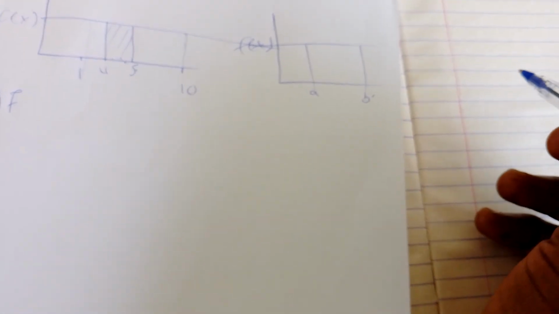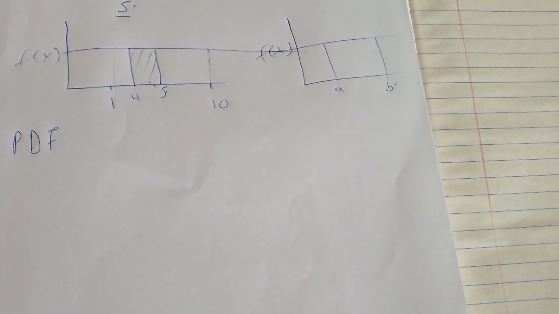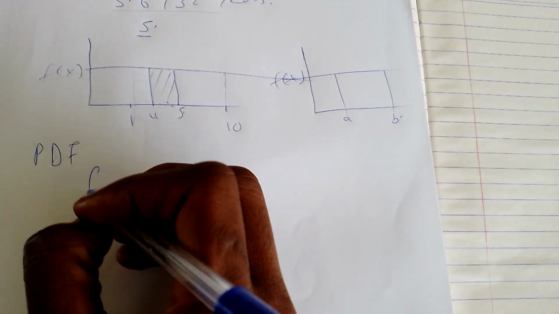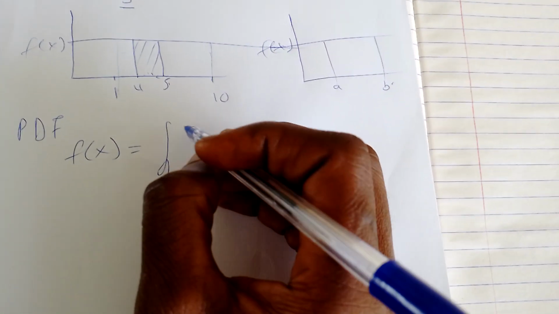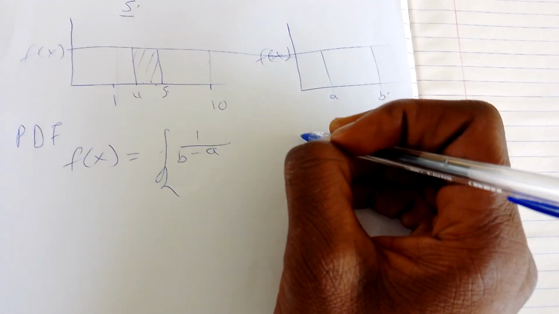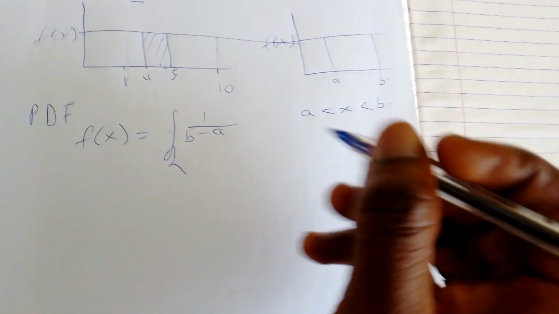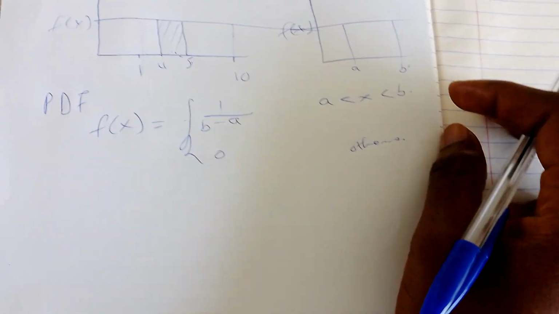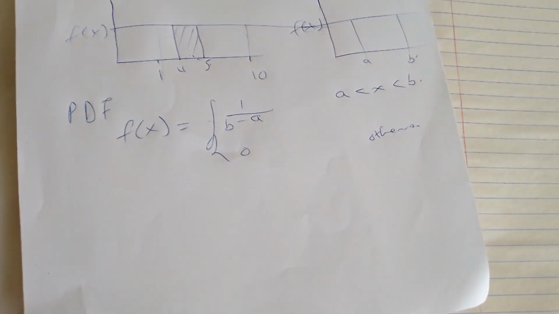Since they all have the same height, the probability density function can be defined as 1 over b minus a for all values from a to b. For anything outside that range, it's just zero, so you say otherwise. This is how the probability density function is defined for a uniform distribution.